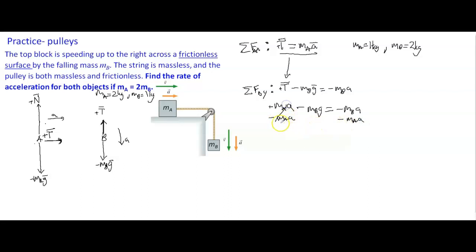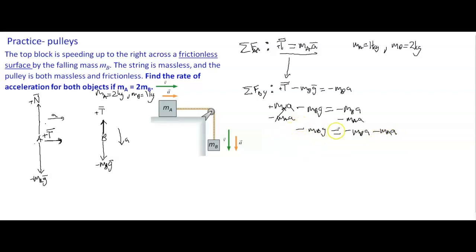When I do that, it eliminates it from the left hand side, and I get negative mB times g, the weight of block B, and that's equal to the acceleration of block B minus the mass of block A times its acceleration.